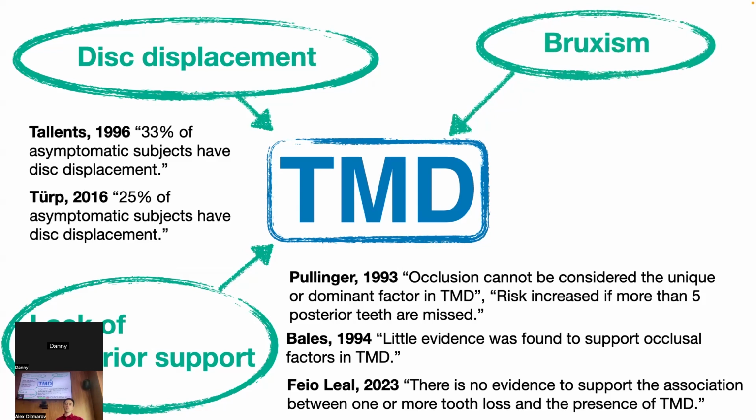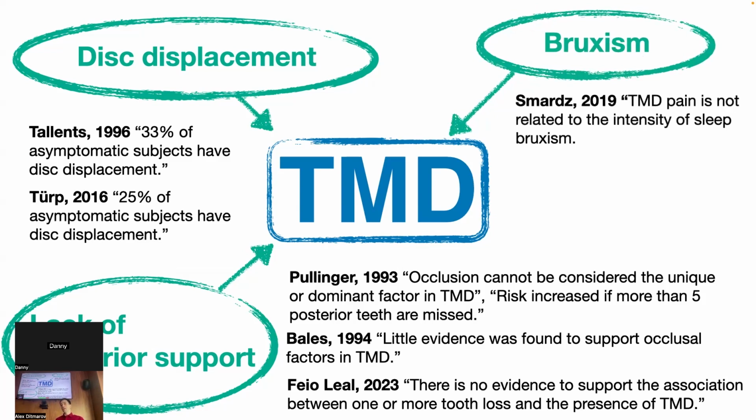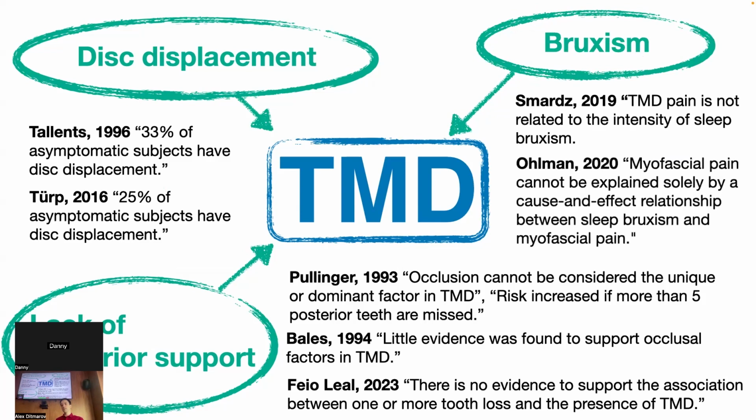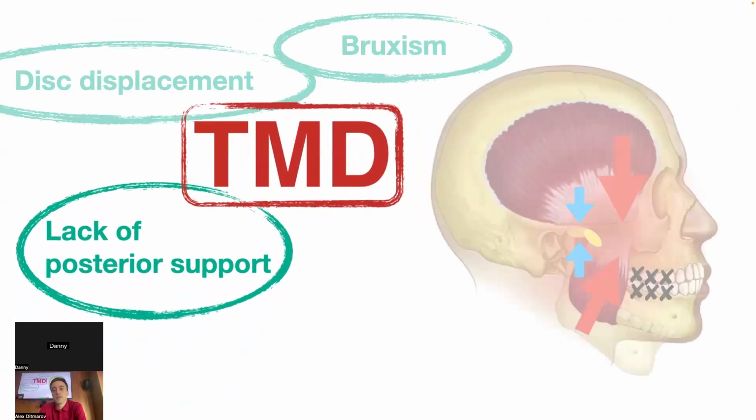What about bruxism? Is bruxism a great risk factor for TMD? Not really. We have studies telling us that TMD pain is not related to the intensity of sleep bruxism. We have studies telling us that myofascial pain cannot be explained just by a cause and effect relation between sleep bruxism and myofascial pain. But let's imagine a patient like this.